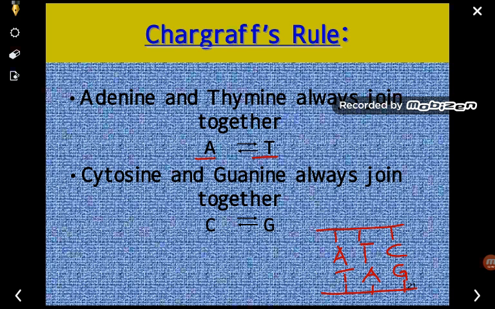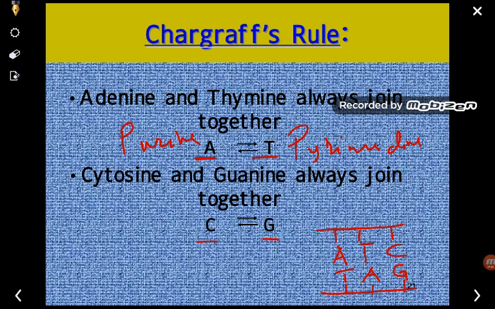So a purine base always pairs with a pyrimidine base. C always pairs with G, so the purine G base always pairs with the pyrimidine C base.